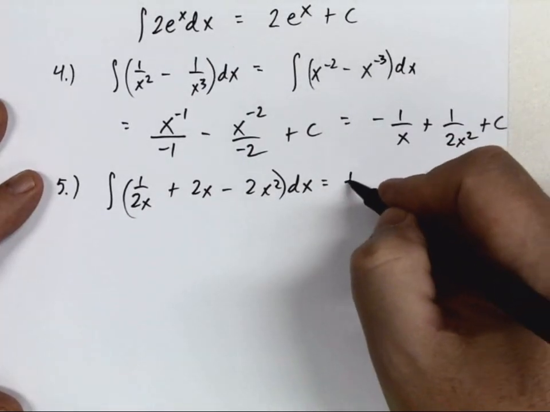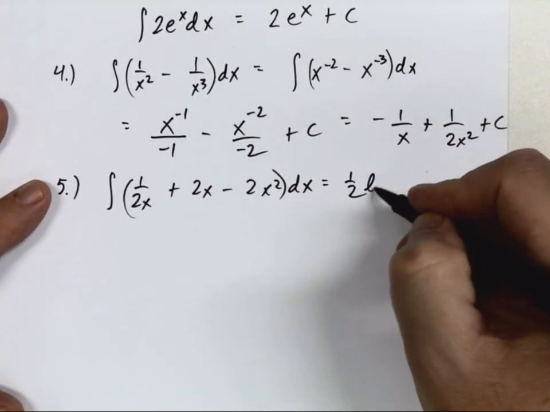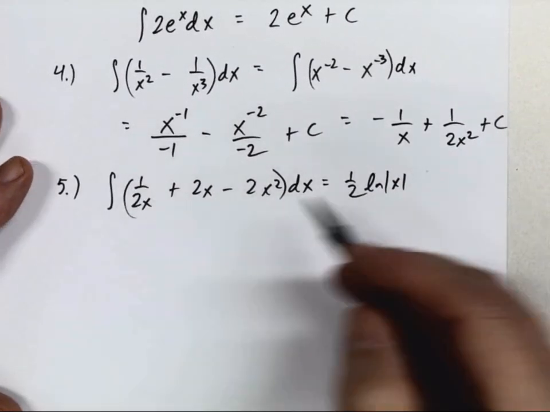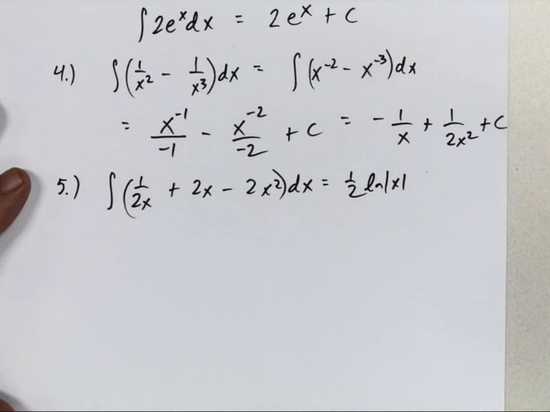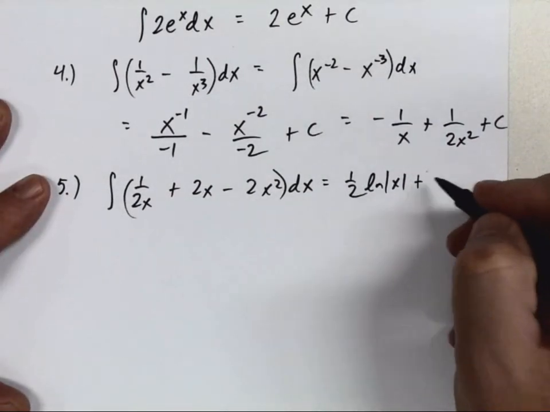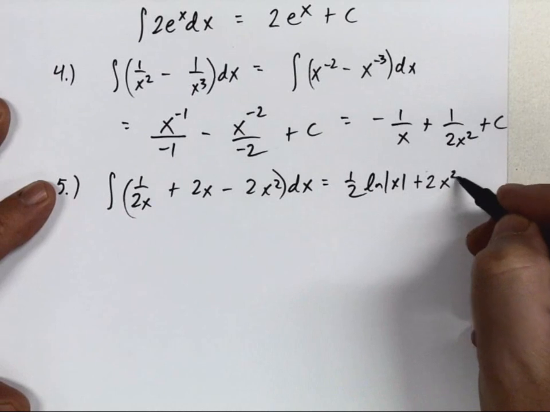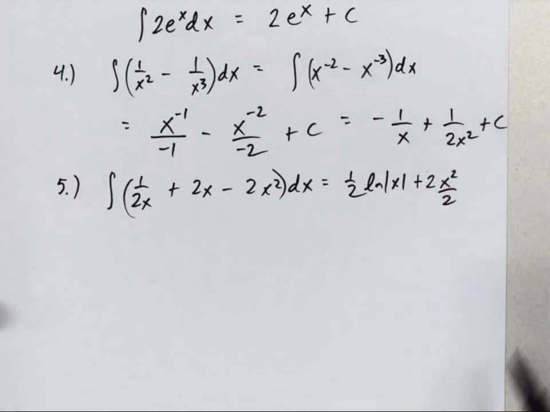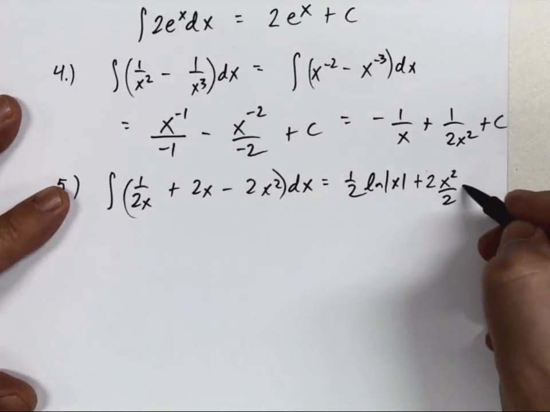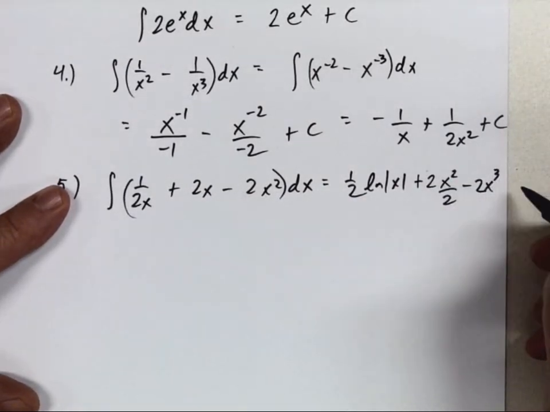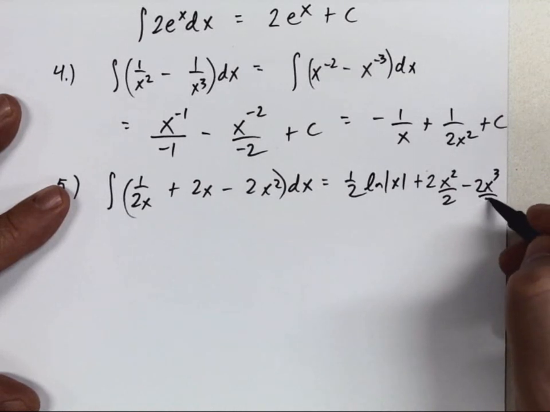So the 1/2, by rule, the integral of 1 over x is natural log absolute value of x. 2x, the 2 is here. x, you add 1, and you put the exponent in the bottom. Minus 2x squared, you add 1. The exponent becomes 3, and the 3 goes in the bottom.